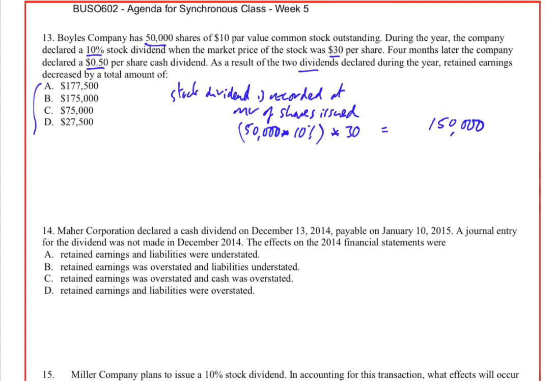Sometime later, they pay a cash dividend on the number of shares. Well, of course, after this stock dividend, there aren't 50,000 shares issued, there are 55,000 shares in issue, and so 55,000 shares each get a dividend of 50 cents, and so that's a further 27,500. And so in total, the impact of these dividends together on retained earnings is 177,500.